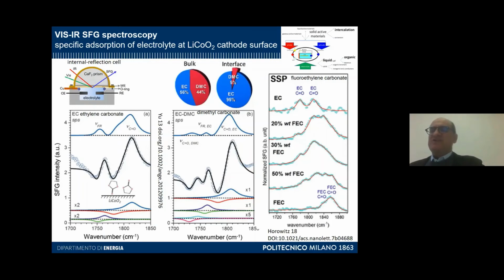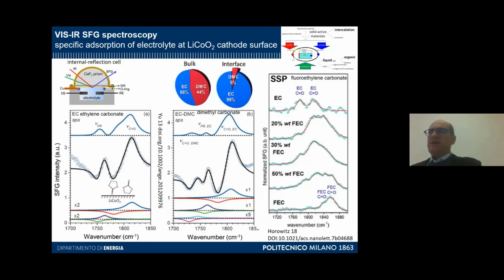So in the case of mixed solvents, it has been shown by spectroscopy that the relative surface coverage is typically different from the relative bulk concentration, indicating some sort of preferential absorption. And this has a bearing on electrolyte decomposition and formation of interfacial layers, which strongly influence the battery performance and durability.